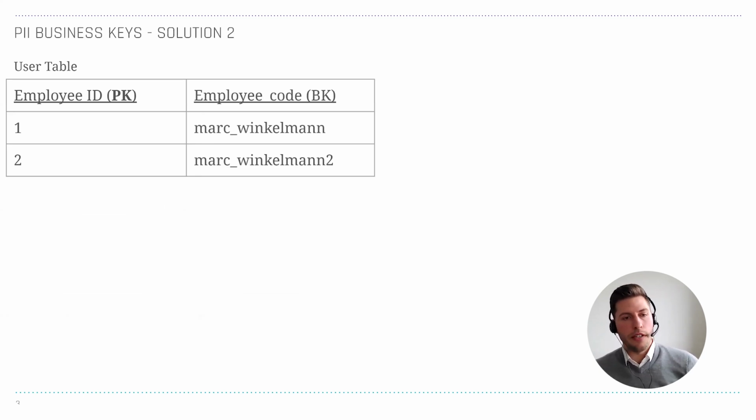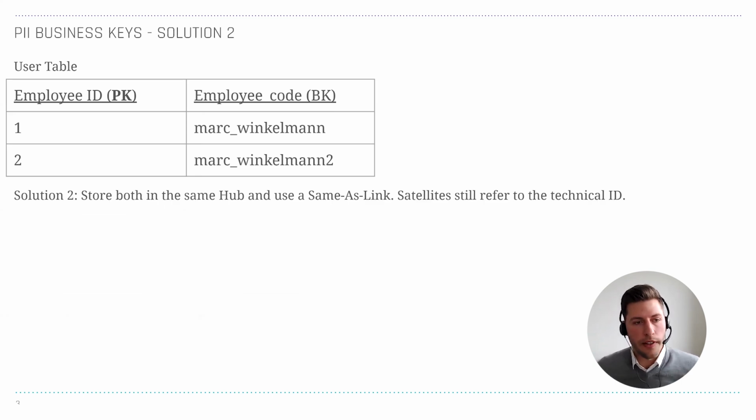Solution number two could be to simply load both values into the same hub, the technical ID and the business key, and use a same-as link to do what we call passive integration. There we map the business key to the technical ID.